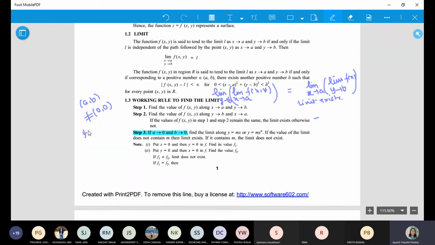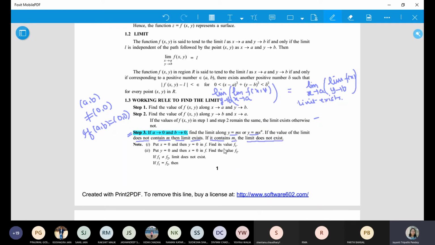If AB is 0, 0, then after checking this and this, we will also follow step 3. What is step 3? You will find the limit along y is equal to mx or y is equal to mx^n. If the value of the limit does not contain m, then the limit exists. If it contains m, the limit does not exist.